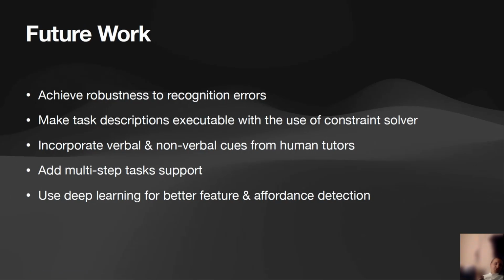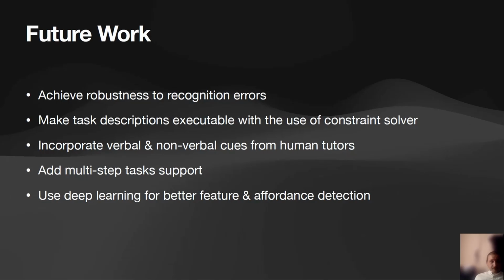As future work, some problems that I'm still trying to solve: like I mentioned, achieve robustness to recognition errors. I need to incorporate some probability measures, like how certain the system is that the feature is there or not there. Because right now, if something is recognized or not recognized, I take it as the only truth.